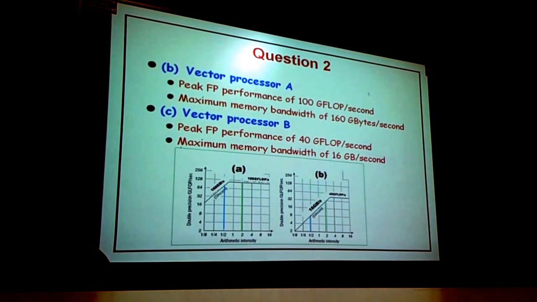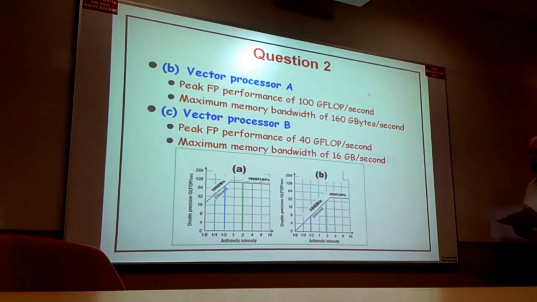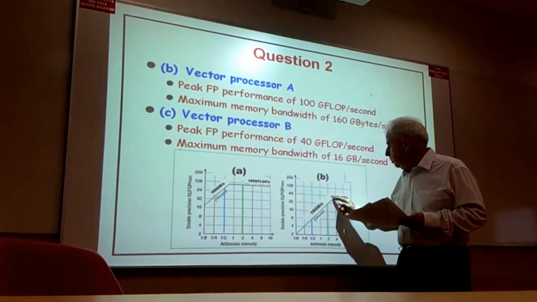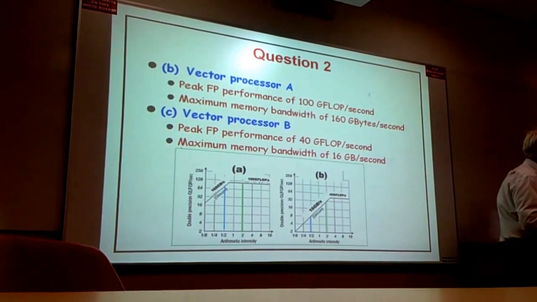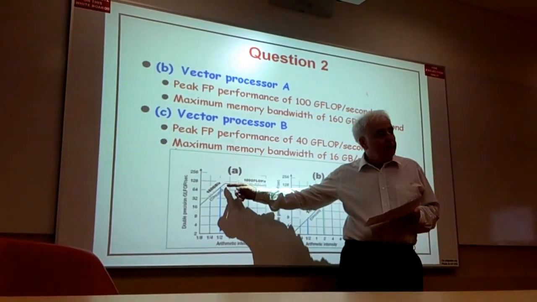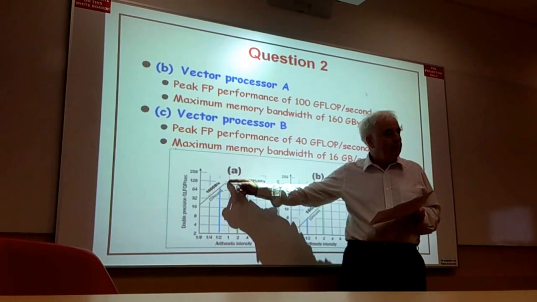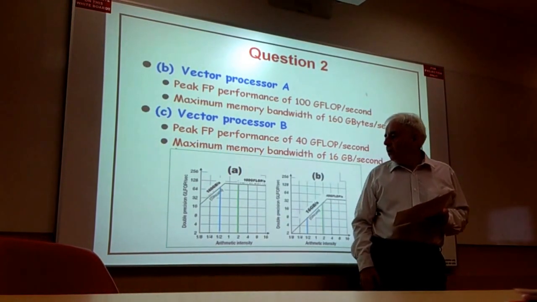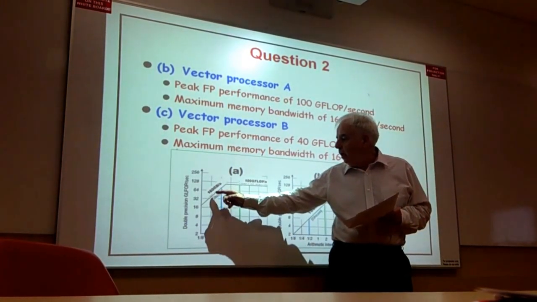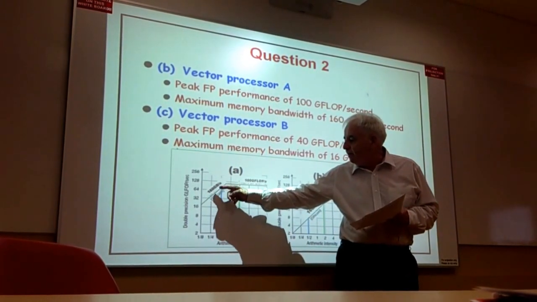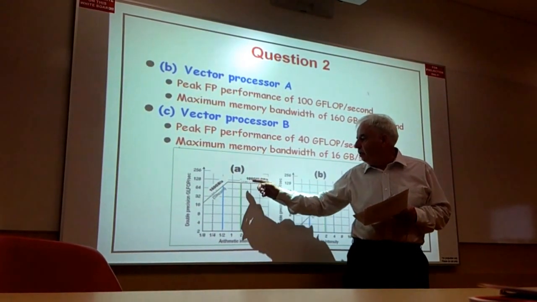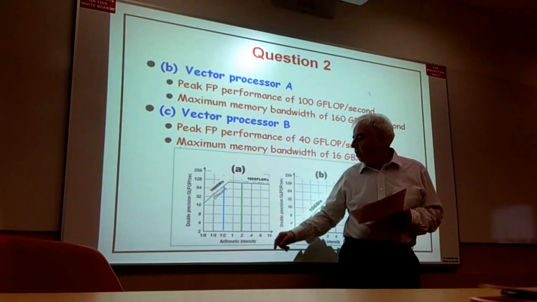And we can actually work out where this point will be. Can somebody tell me what this point will be for the first vector processor? How do you work it out? Well, you know that the memory bandwidth times the arithmetic intensity is going to give you the performance in gigaflops per second.